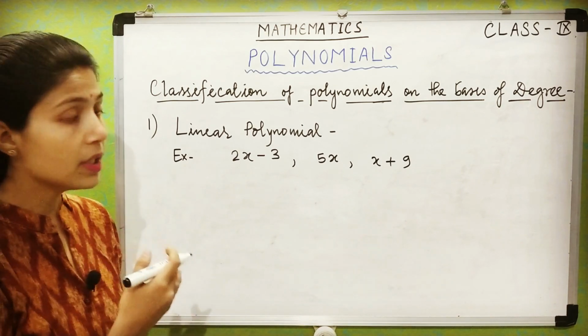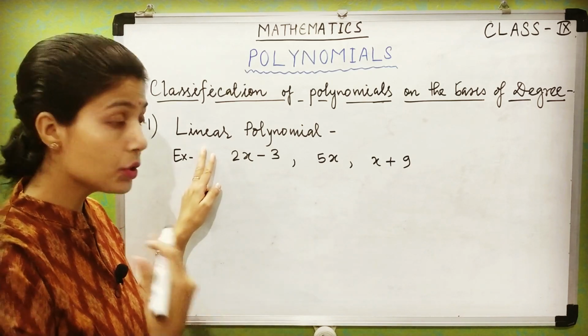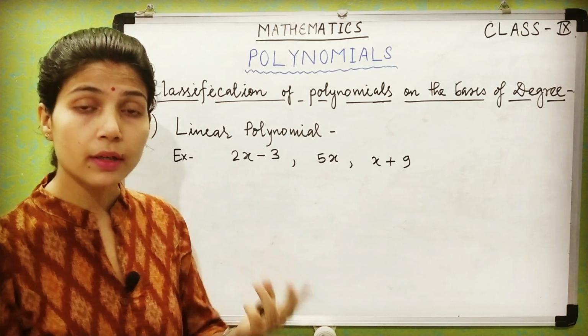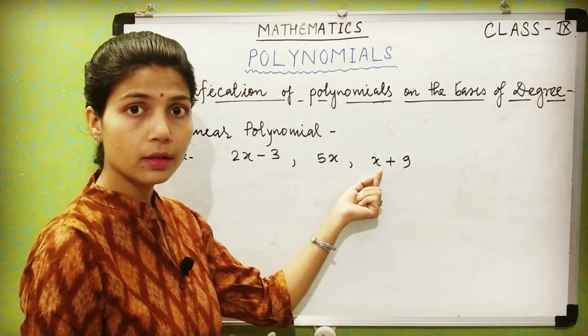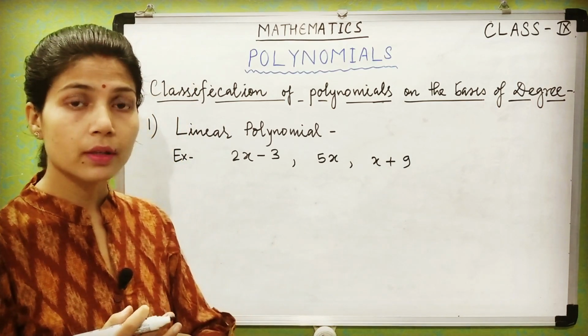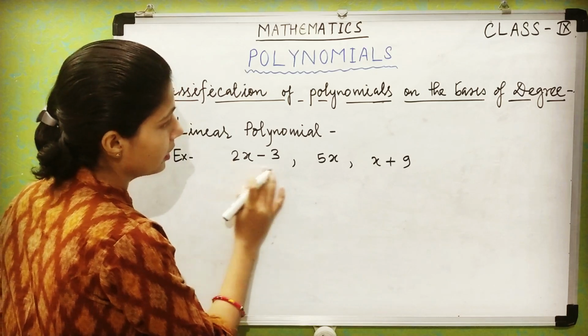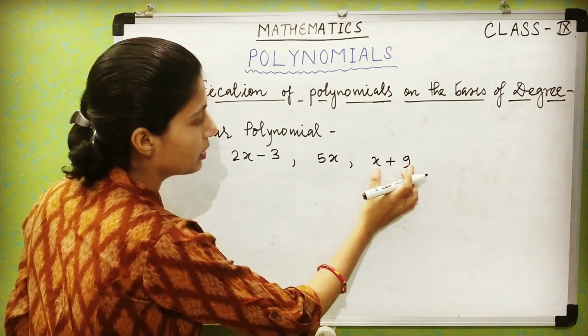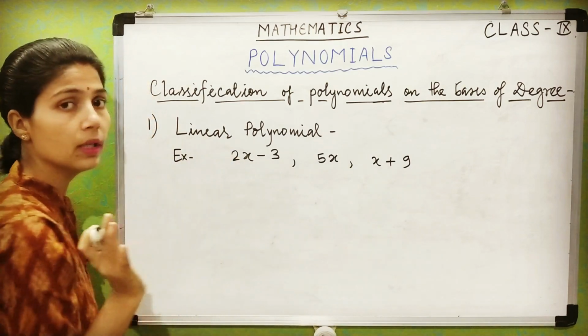Same here, the degree is 1, so at most the number of terms will be 2. Minimum can be 1, but maximum only 2. Here also you can see there are 2 terms. More than 2 is not possible in the case of a linear polynomial.